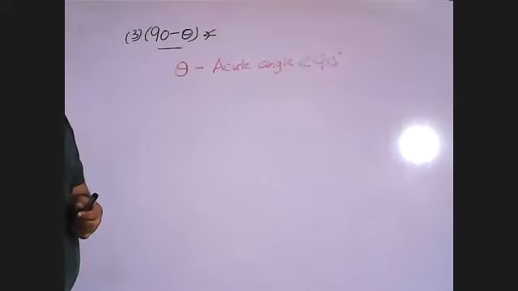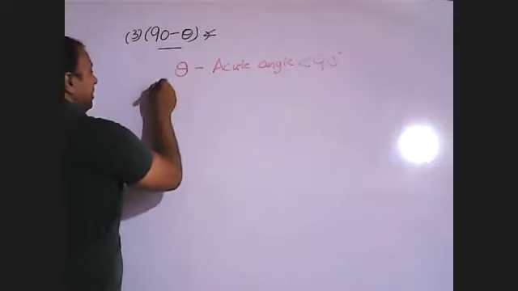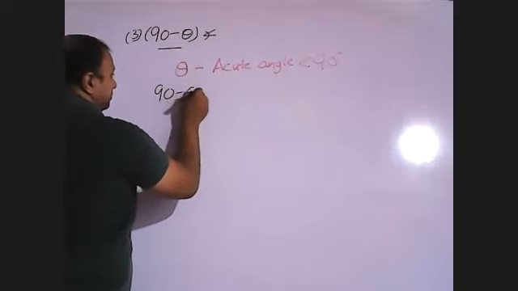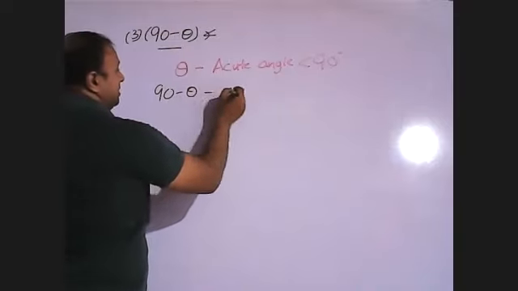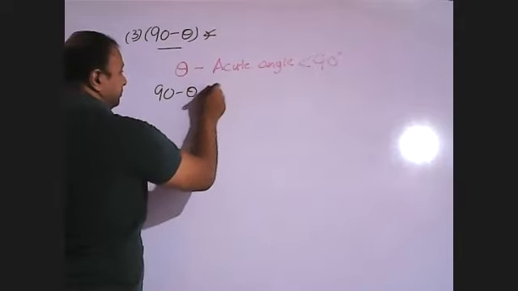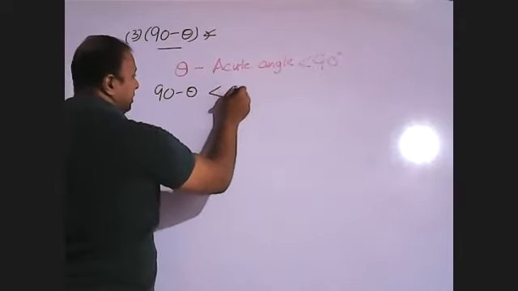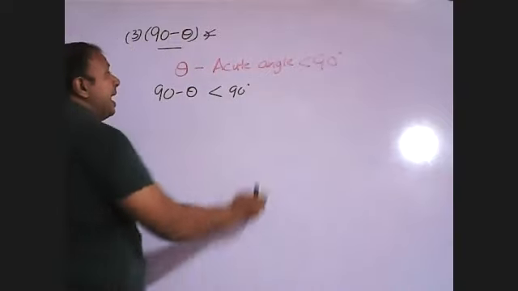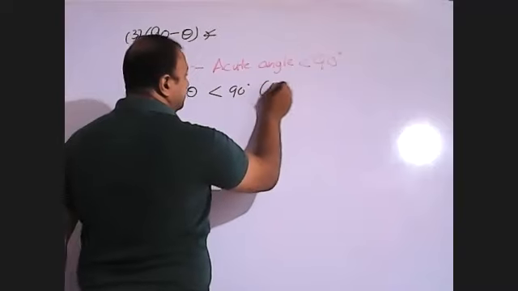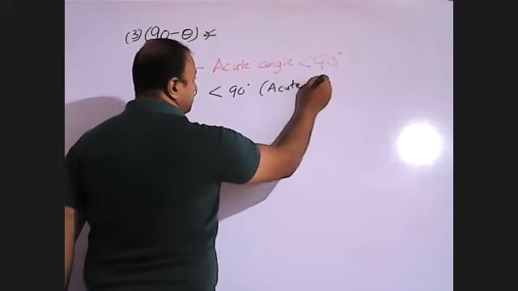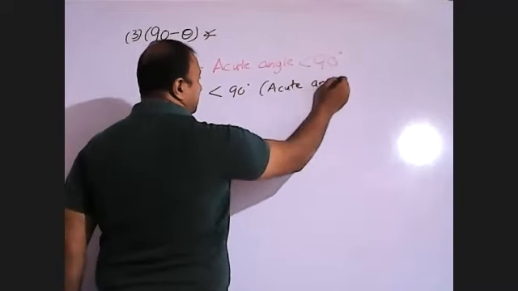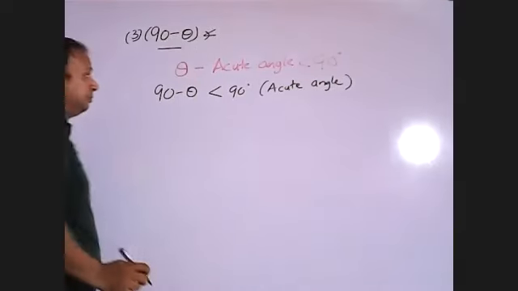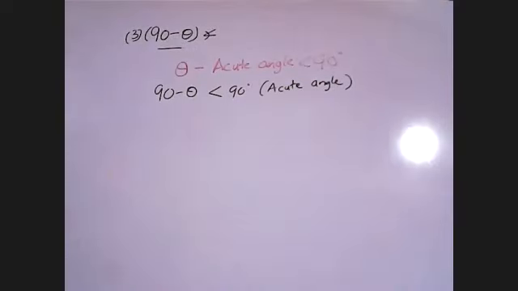So 90 minus theta is definitely lesser than 90. Therefore, it is an acute angle. Try this one.